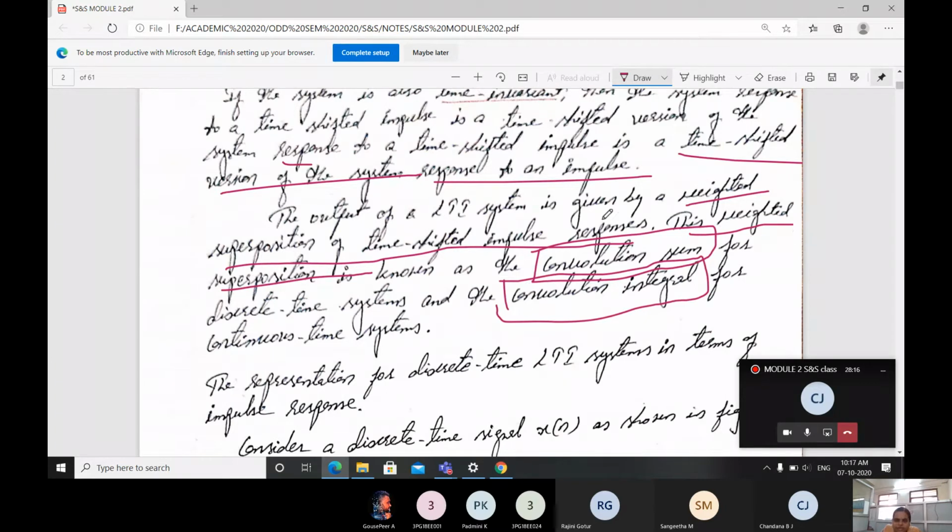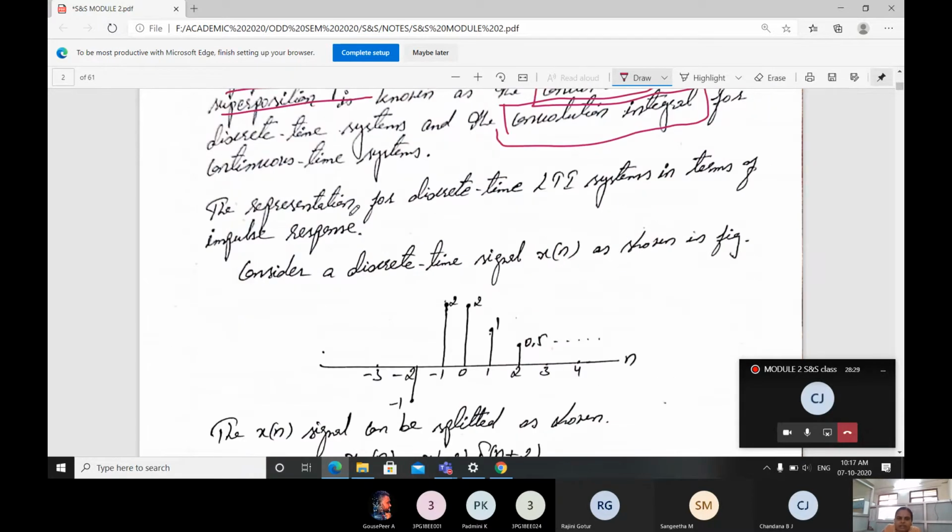Remember, the weighted superposition is called the convolution sum in terms of discrete time and the convolution integral in terms of continuous time systems. Then the representation of a discrete time LTI system in terms of the impulse response, how is it going to be represented?